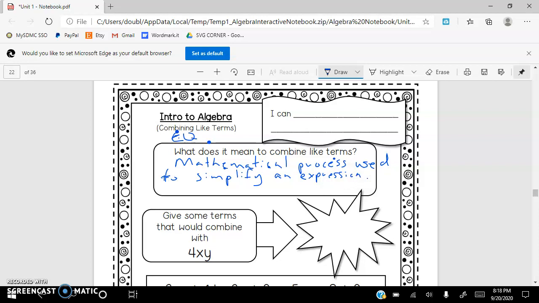You add or subtract terms whose variables are the same.